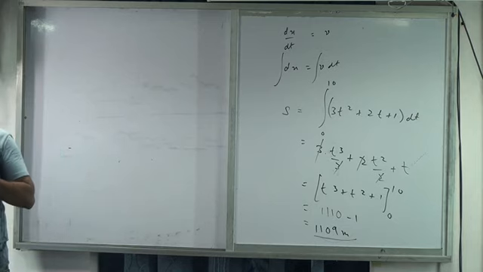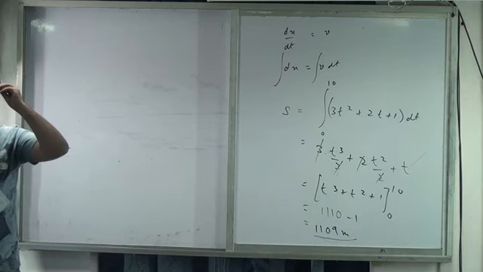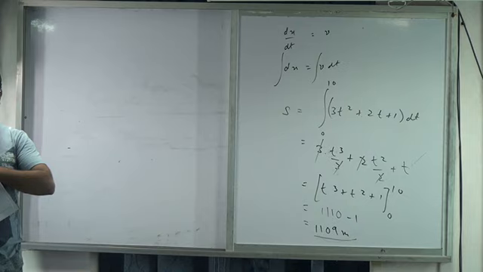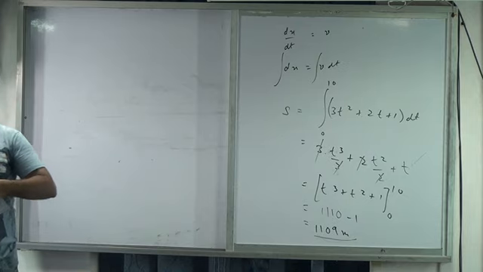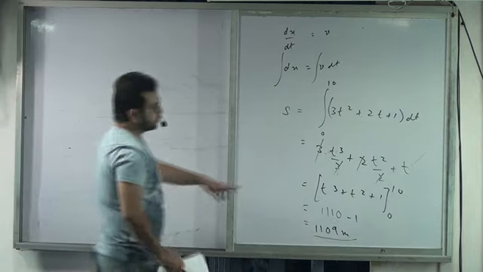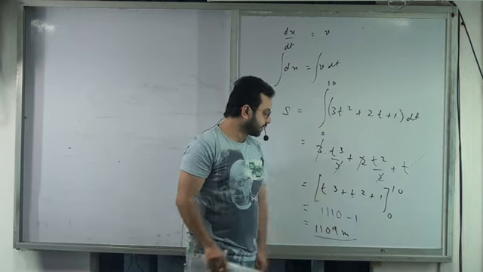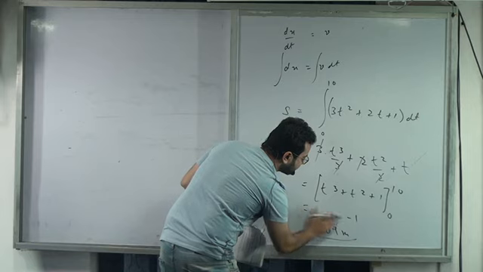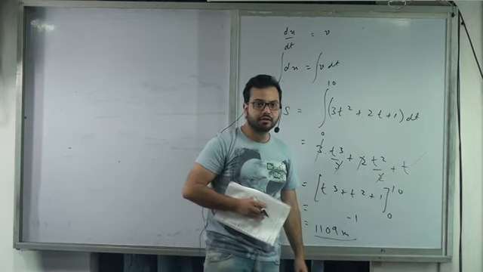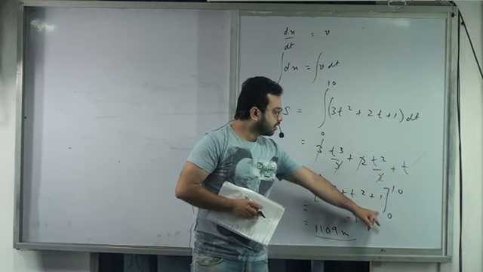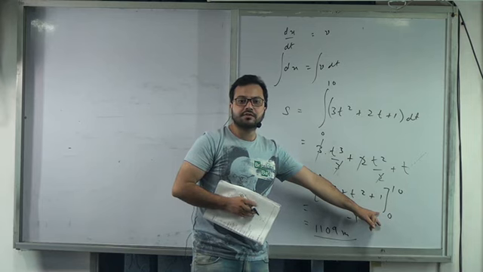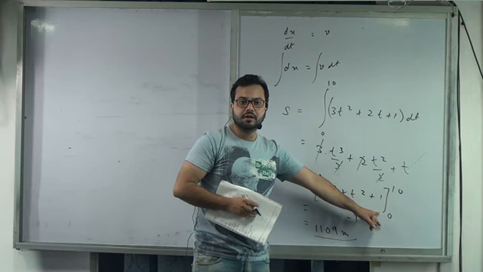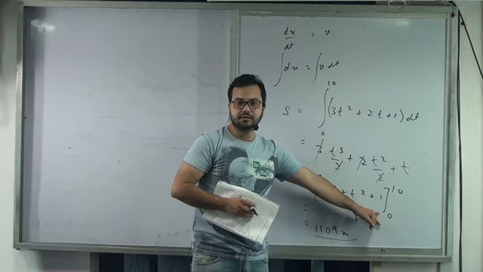Is that clear to everyone? Or do you have problems? So t cube plus t square plus 1. Why shouldn't I put the limits?